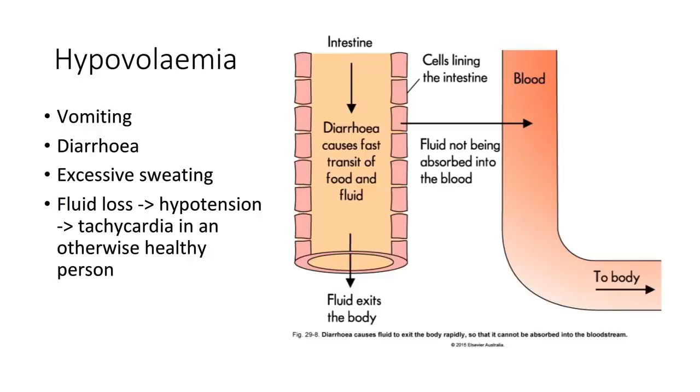But that fluid loss for any one of those reasons leads to hypotension, so low blood pressure, and the compensation effect of that is that the heart will try and manage the cardiac output by speeding up the heart rate. So in an otherwise healthy person, you will see them with tachycardia, and the definition of tachycardia, if you remember, was a heart rate of 100 beats a minute or greater.